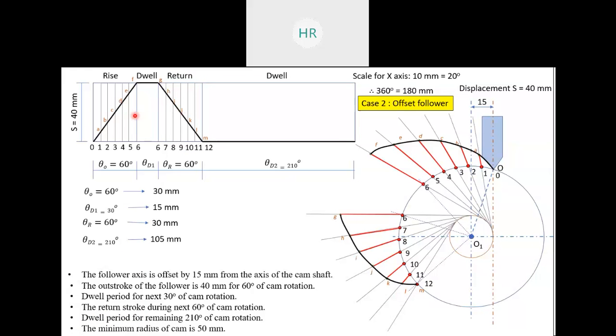Now only remaining is the dwell period. Okay, we are having two dwell periods in this. So first theta d1, that is the dwell period, is there for 30-degree angle, means in this portion.